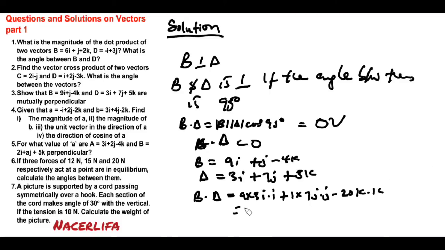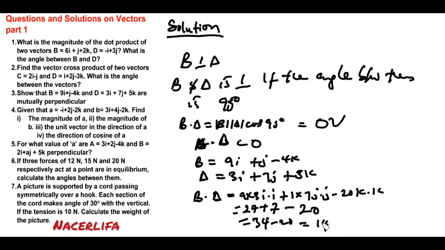So we have 27, i dot i is 1, plus 1 times 7 is 7, j dot j, minus 20, k dot k is 1. So this is 34 minus 20, this is 14.